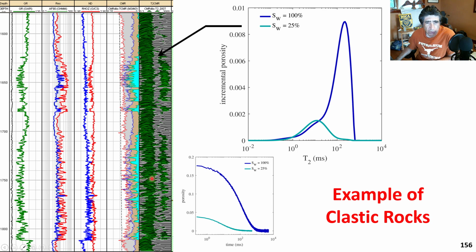And then each one of these depths has a plot like the one shown here, where the plot is a histogram, represented with these greenish histograms, where the x-axis is time of transverse relaxation in logarithmic scale.